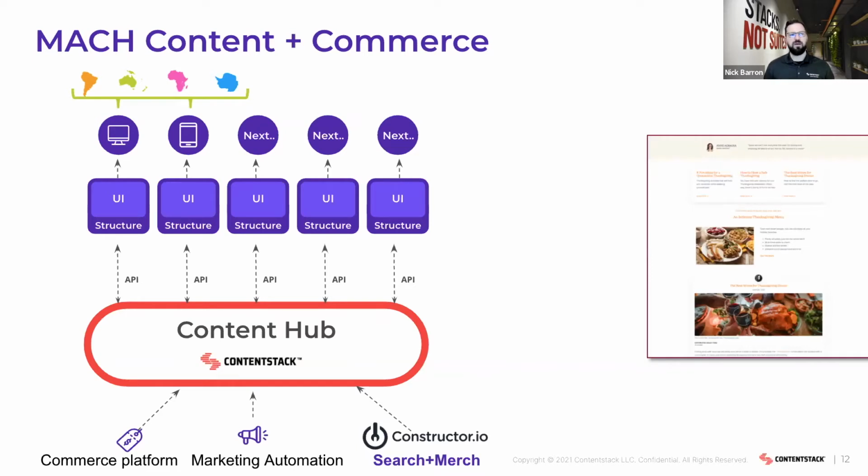So what does the content in commerce world look like, right? If we look all the way down at the bottom left, we're going to have our commerce platform, right? So a headless commerce engine, something like BigCommerce or commercetools, putting that commerce information and connecting it with Contentstack. Constructor being aware of all of that, so it's indexing these things and making those smart recommendations.